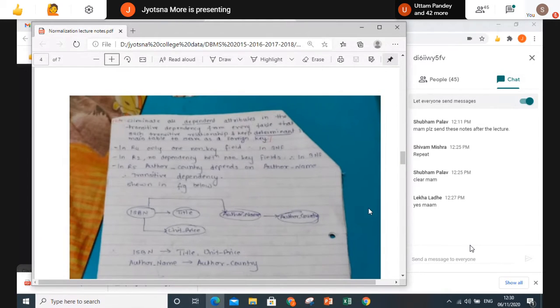So that is about transitivity. How to solve that, I will explain when I go for the sum part. Right now I am not explaining it with the sum.